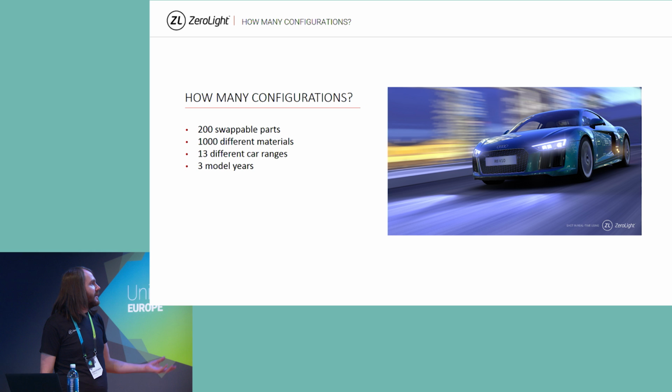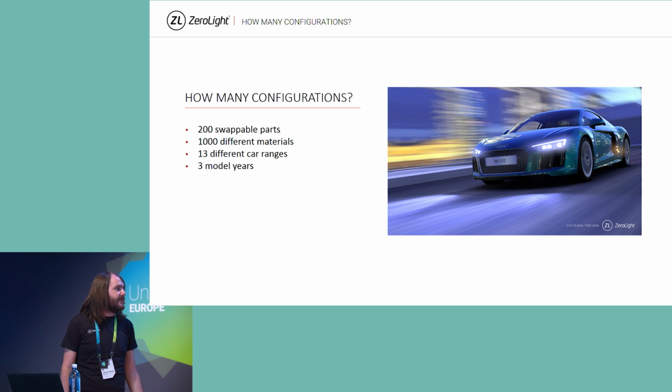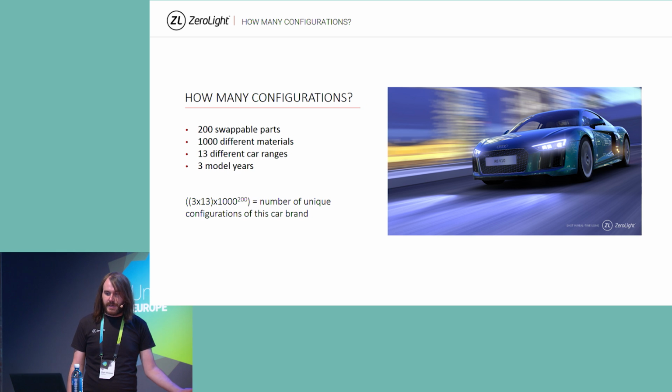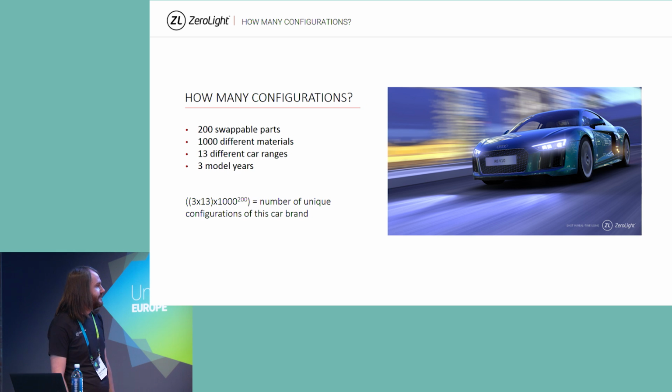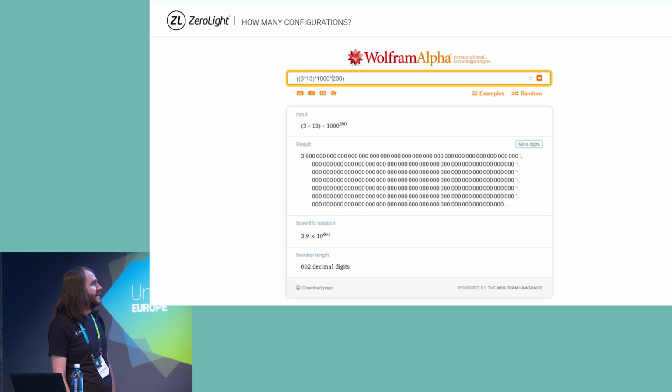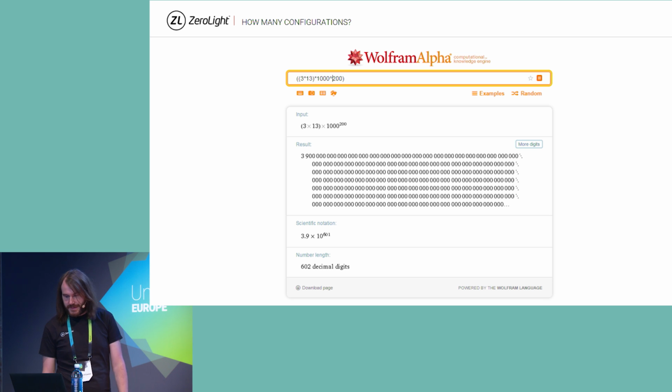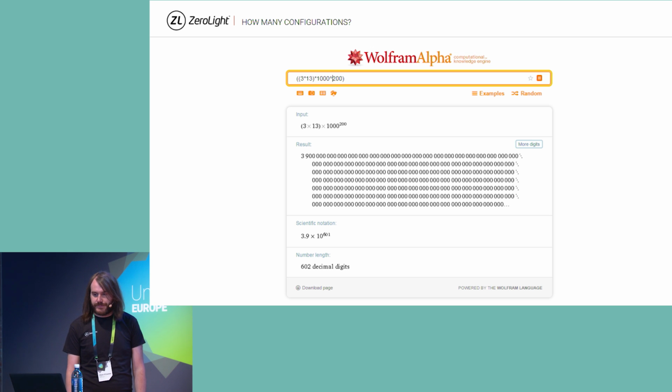There's roughly 1,000 different materials that are built for every car that are on each part. We have 13 different car ranges and 3 different model years. So this works out as 3 times 13 times 1,000 to the power of 100. This number looks something like this, which is even more crazy than the number of atoms in the known universe. There's 602 decimal places.